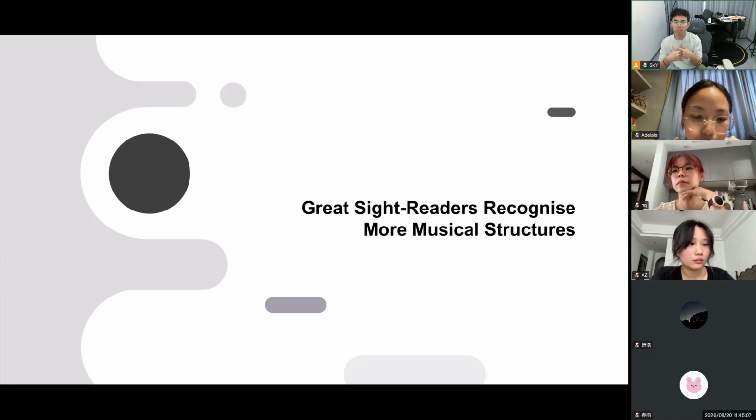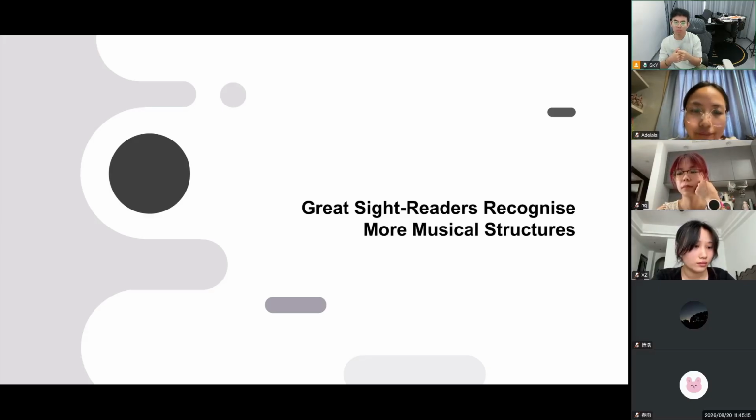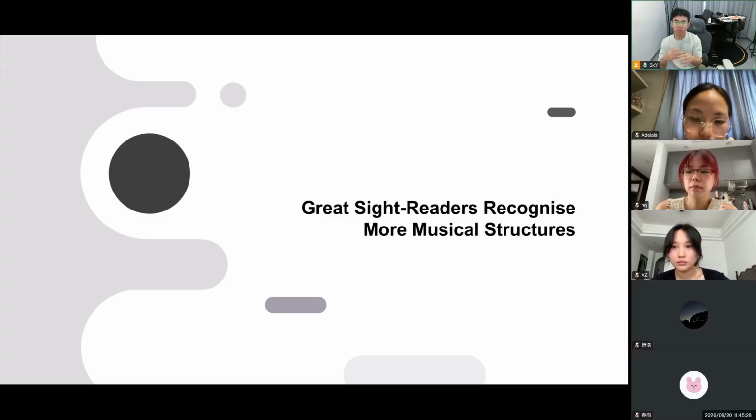Long-term development requires continuous exposure to different musical examples. The purpose of this project was not to create expert sight readers in a short period, but to explore whether structured pattern-based strategies could change students' reading approaches.